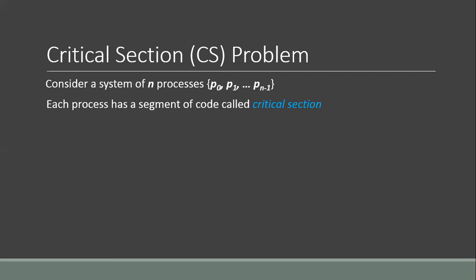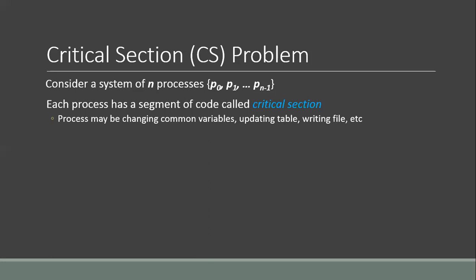Each process has a segment of code called the critical section. So every process in this set has a section of code, and this code section is known as the critical section.